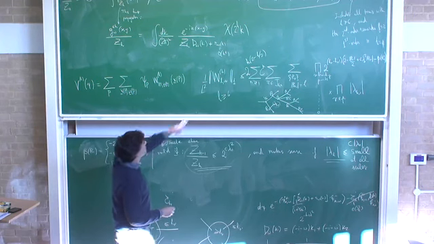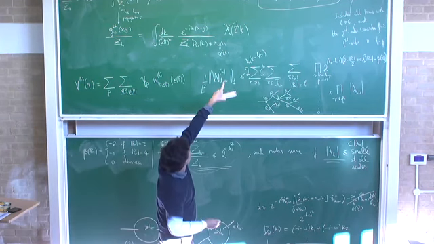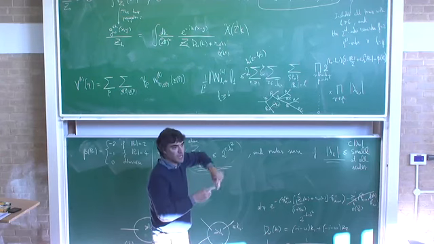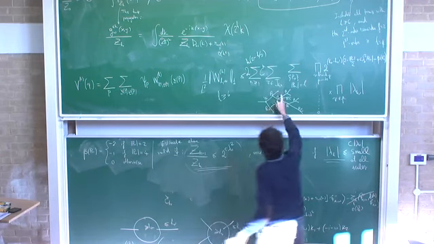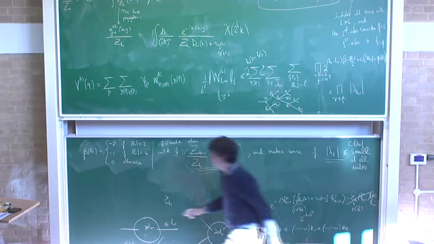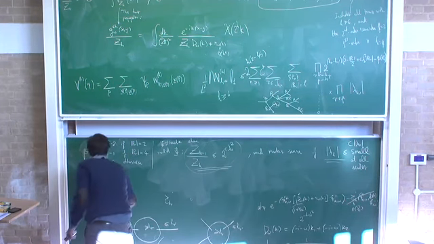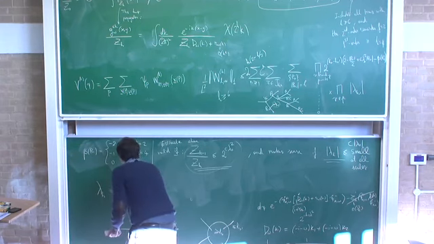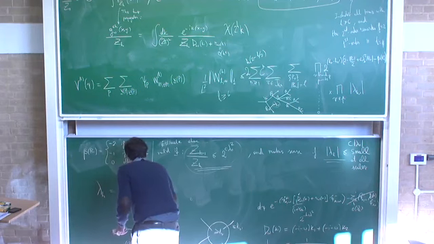So this procedure implicitly tells you what is lambda h. Lambda h is the sum of all guys of this sort, the sum of contributions of this sort.